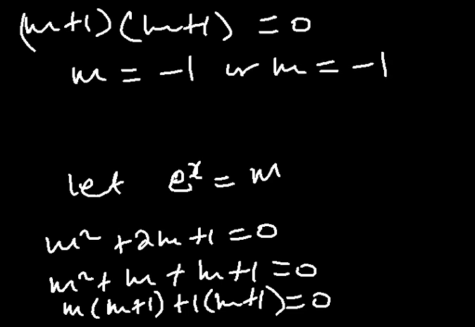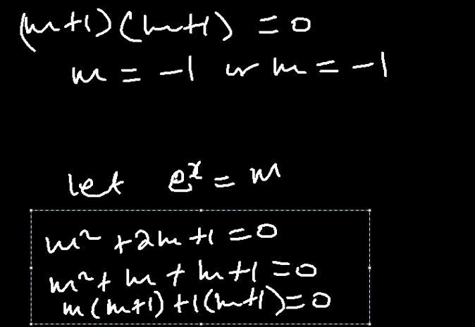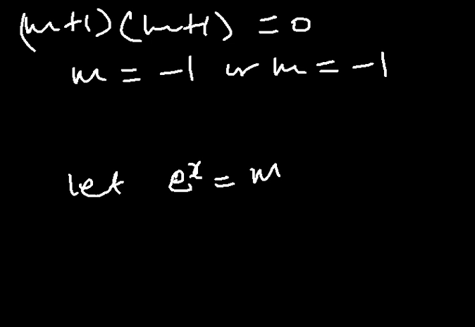In other words, this is actually a perfect square because we have one repeated root, that is m is equal to negative 1.